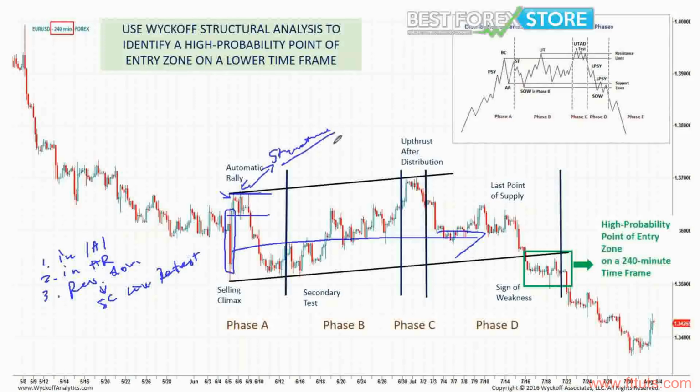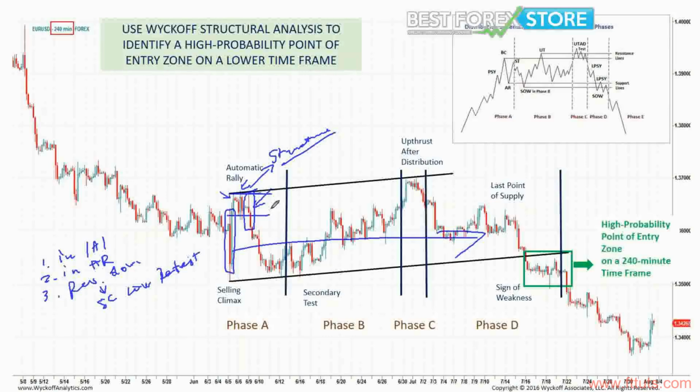So we would be looking into the structure here on a much smaller time frame, let's say 1 hour, 30 minutes, 15 minutes. We would be looking for the phase analysis and the structure to be in phase C and D, and probably somewhere here in this area on a smaller time frame we would find a point of entry.